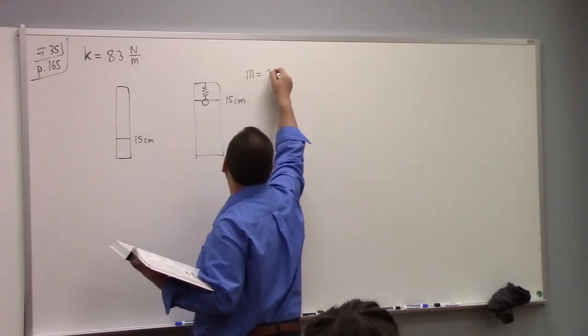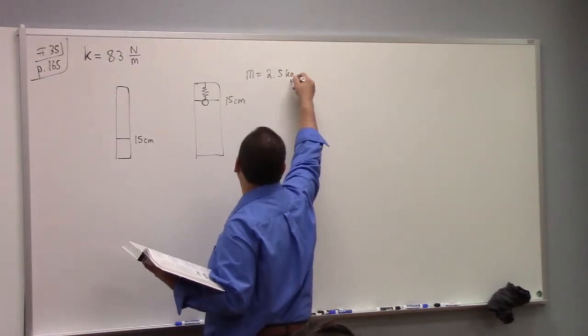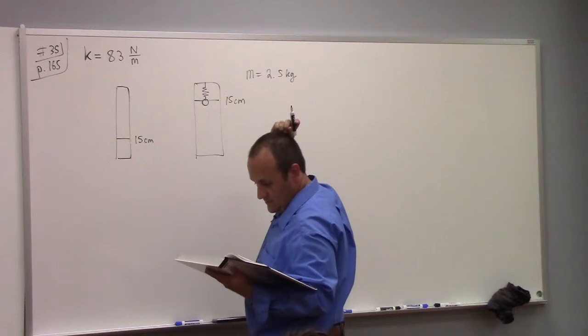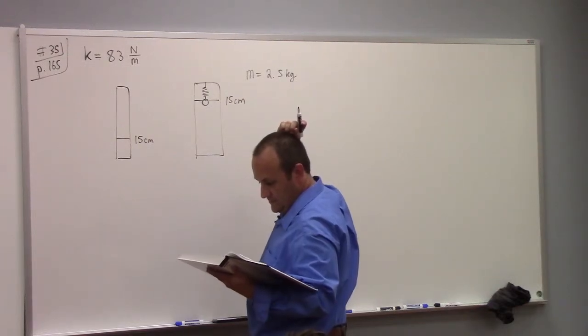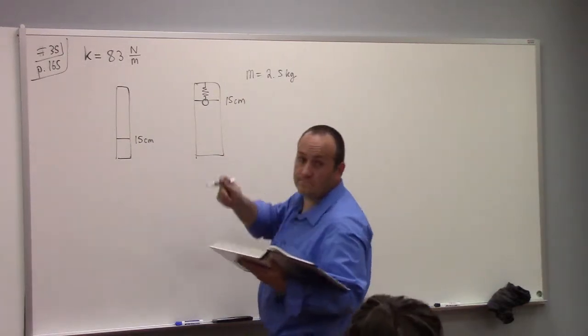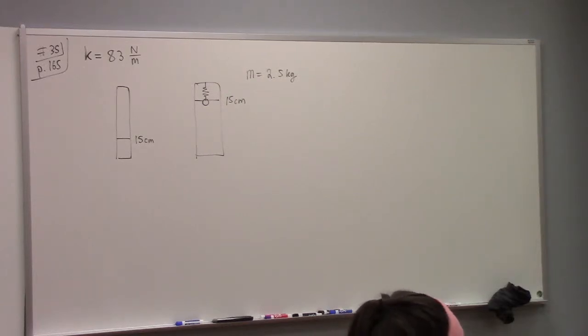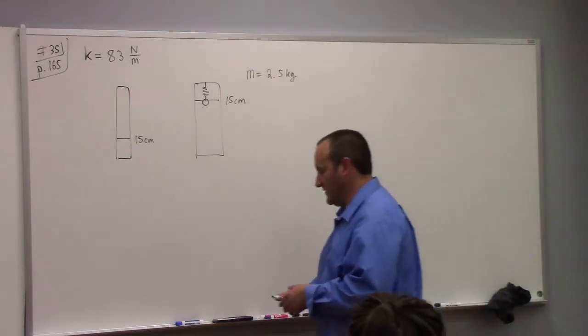Yeah, 2.5 kilograms. We're going to start with the right diagram, and we'll decide at the end of our analysis if the left diagram is even possible. It may not even make sense.